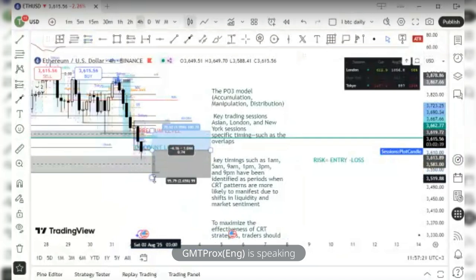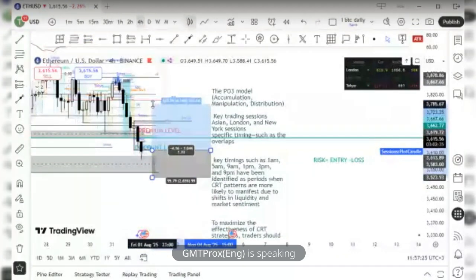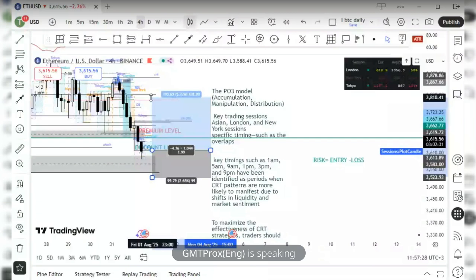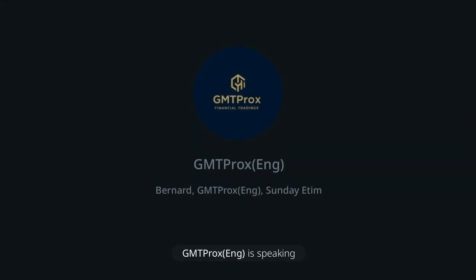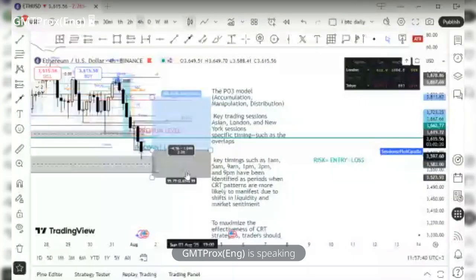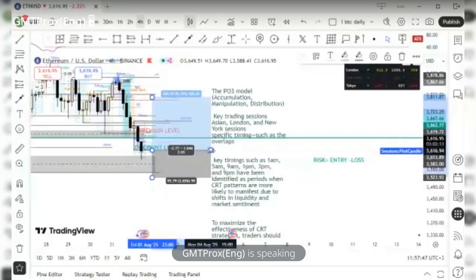And my TP maybe will be a 1-to-3 ratio or 1-to-2. With a 1-to-2 ratio, I'm going to risk 1 to make 2. So now this will be my stop loss, and this will be my entry, so if I take entry minus the stop loss, then I get the risk.